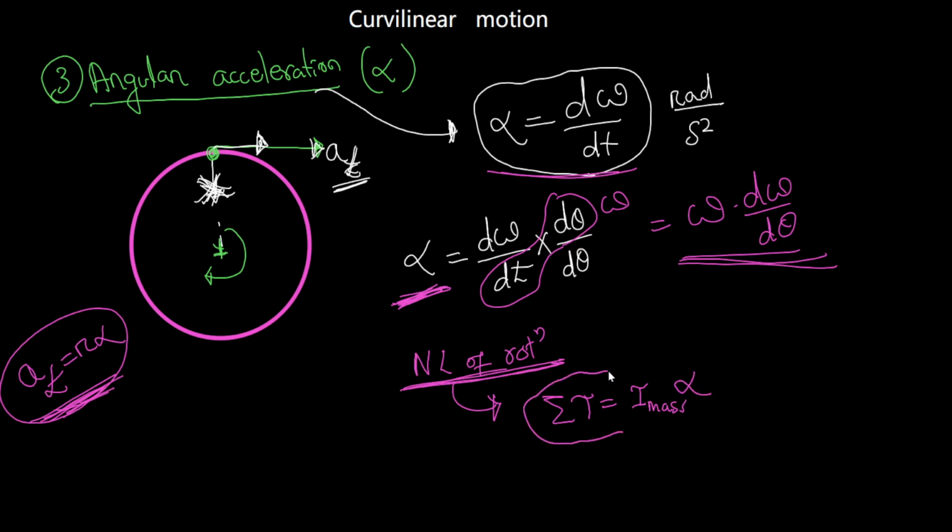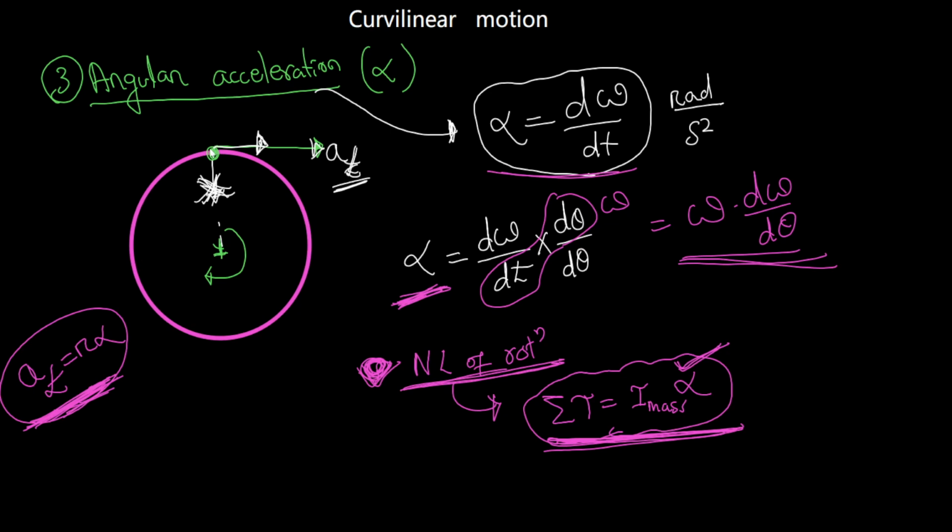So net torque is equal to I alpha. From here also there is an application of the term angular acceleration. This one is used in rotation. We will discuss it whenever we talk about the rotational part. I'm just saying the application. Here is an application of angular acceleration. Here also there is a use of angular acceleration.